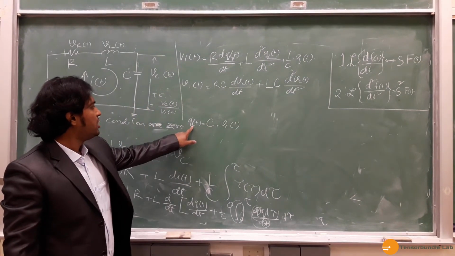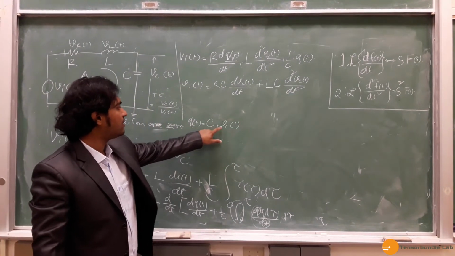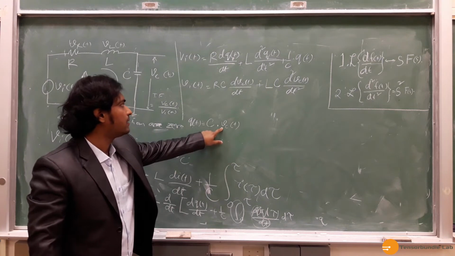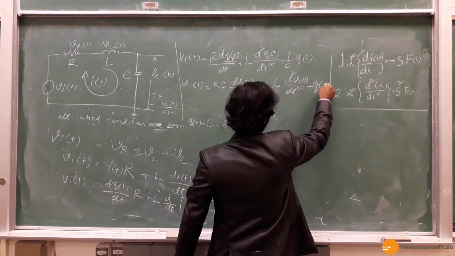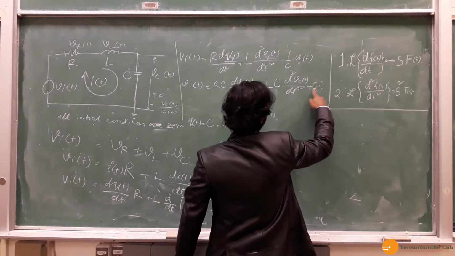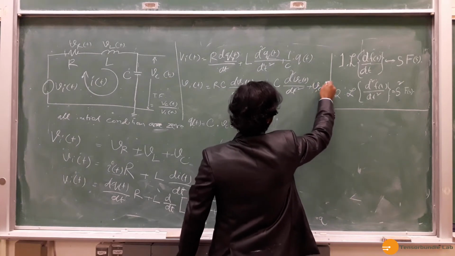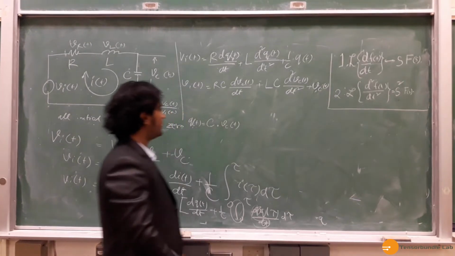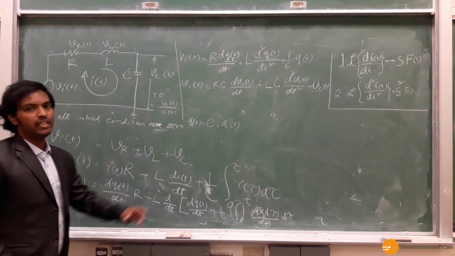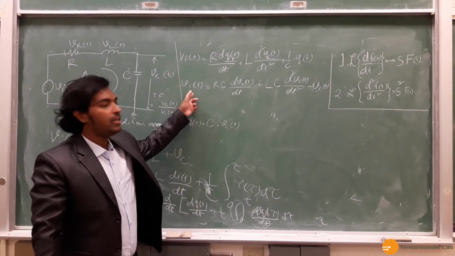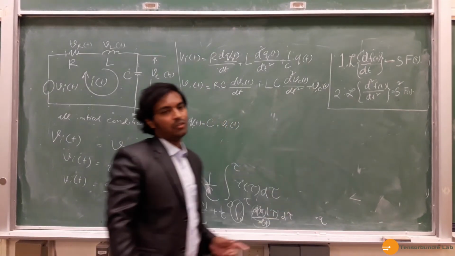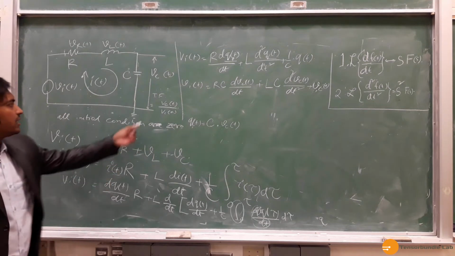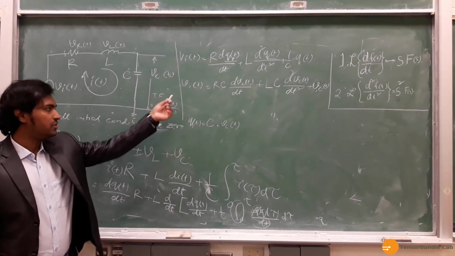Now, Q of t means C multiplied by Vc, right? So this C and this C will cancel each other, leaving only V of c. Alright, so we now have an equation that involves both input and the output quantities. So we can now derive the transfer function from this equation.